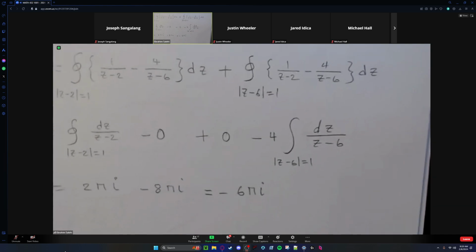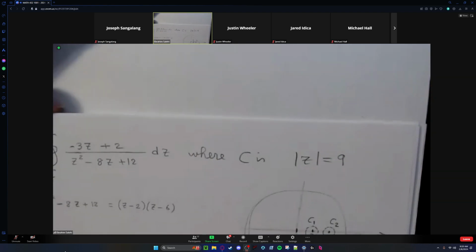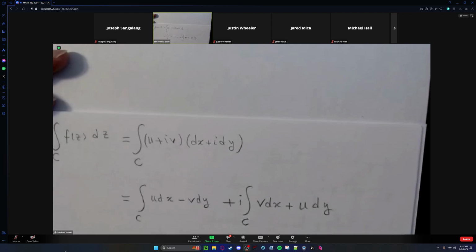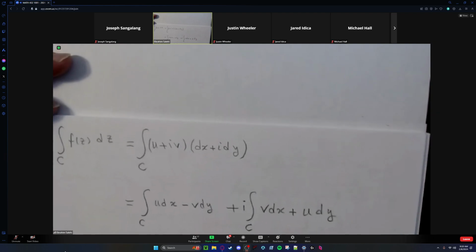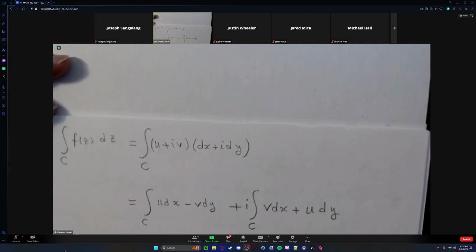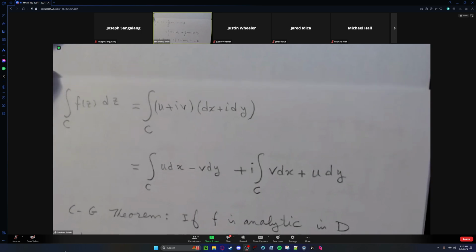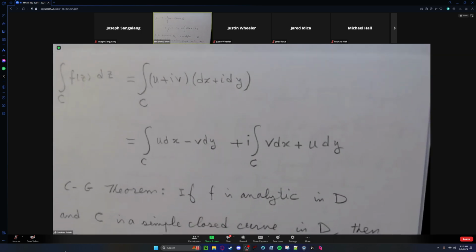Okay. Well, I gave you enough examples for Cauchy's theorem. But just summarizing, again, as I said, it doesn't matter how many times I repeat this, because that is the foundation for integration theory in complex analysis.